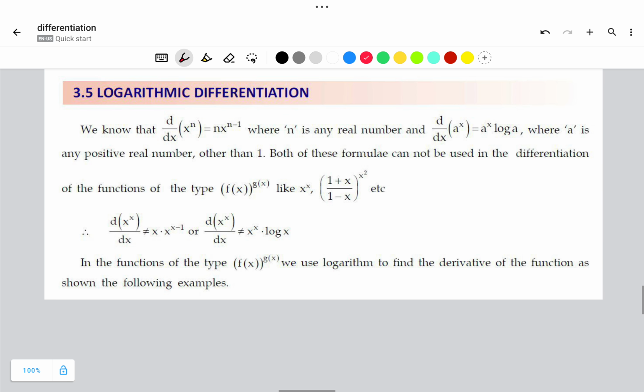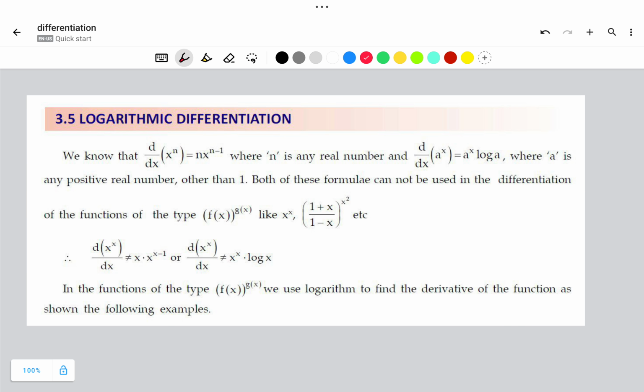Now we will consider logarithmic differentiation, for functions where we have to apply the properties of logarithms.